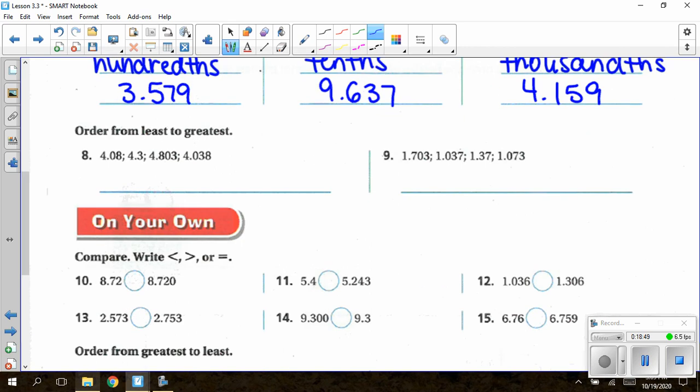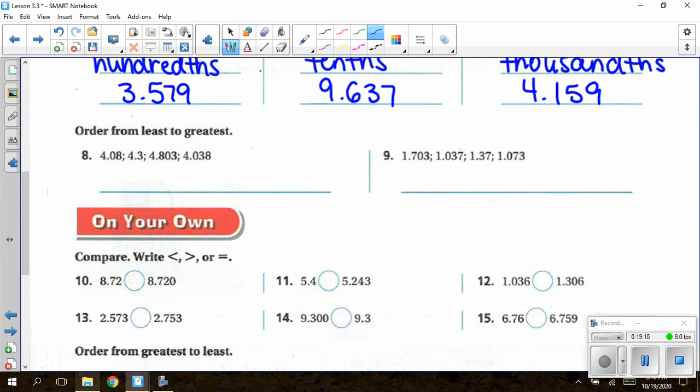The next section is ordering from least to greatest. The easiest way to do this to make sure you do have it ordered correctly is to stack your decimals. And then I do notice that I have some that do not go out as many decimal place values as others. And I need to make sure that they all go out to the same decimal place value.